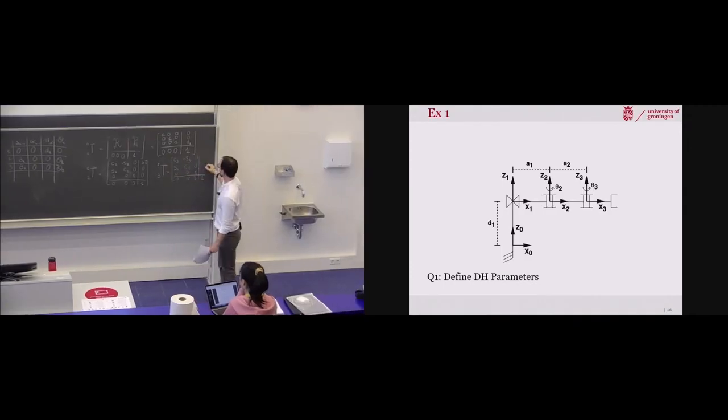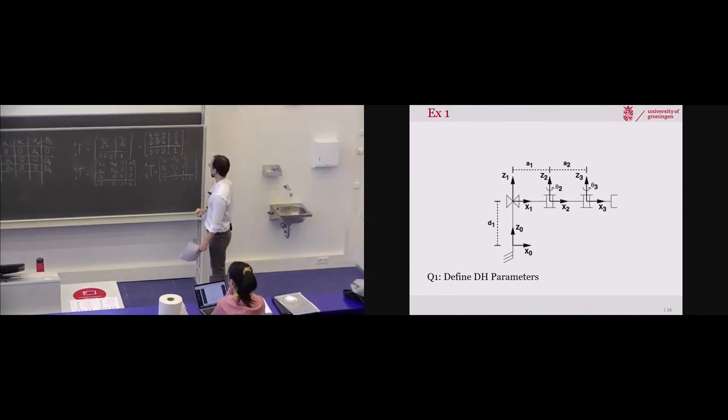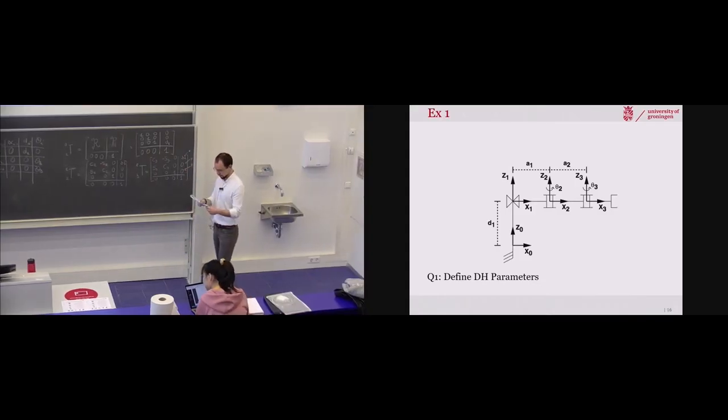And we end up here with just the vector that translates the origin of a2 along the x-axis. So this one is the x component, this one is obviously the y component, and this one is the z component. Okay? Good.